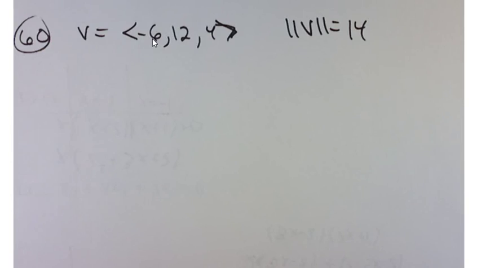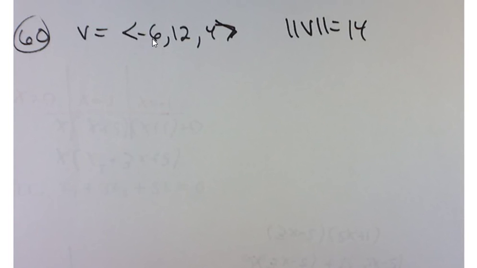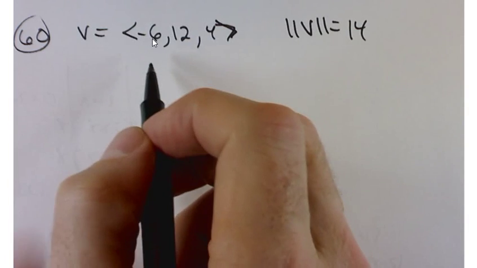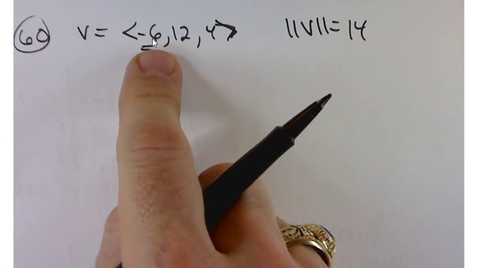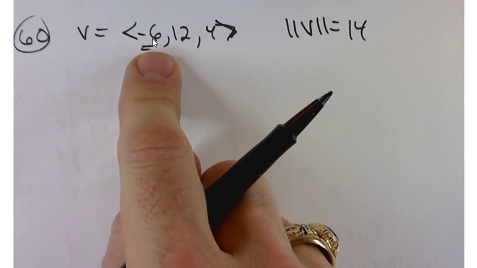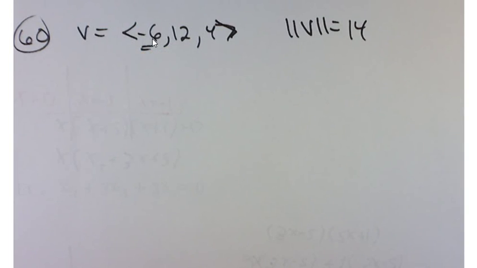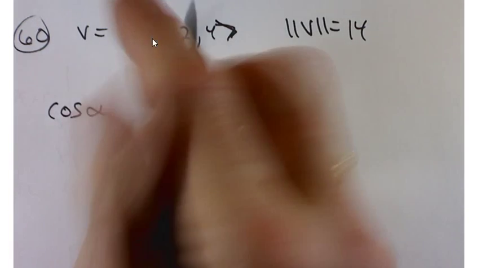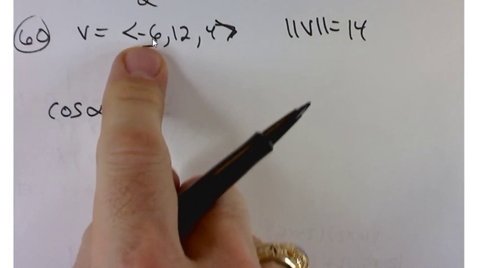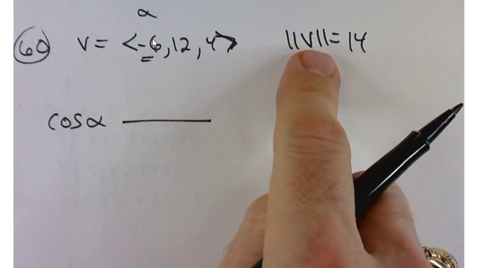If we want to find the angle that this makes with the positive x-axis, that is your direction cosine, then it's enough to look at the dot product of this with the vector 1, 0, 0. To find the angle that this makes with the positive x-axis, you're just going to take this and divide it by the length of v.